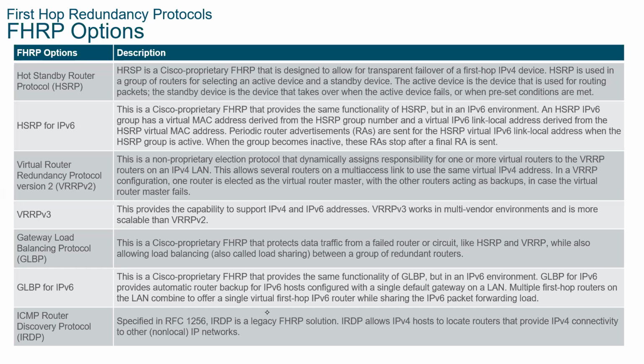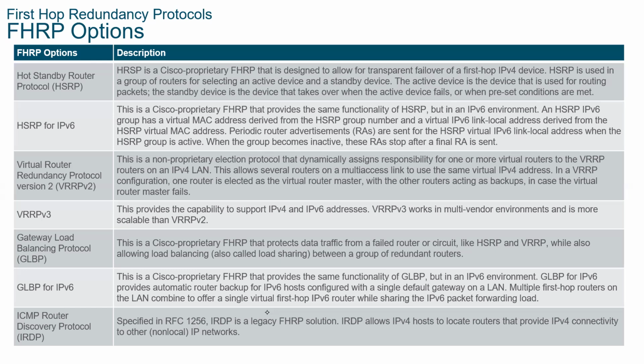So it makes use of the active standby mode. All hosts in that network are configured with the virtual IP, like every other redundancy protocol. So my hosts are not configured with the physical IP address of interfaces. They are configured with the virtual IP.